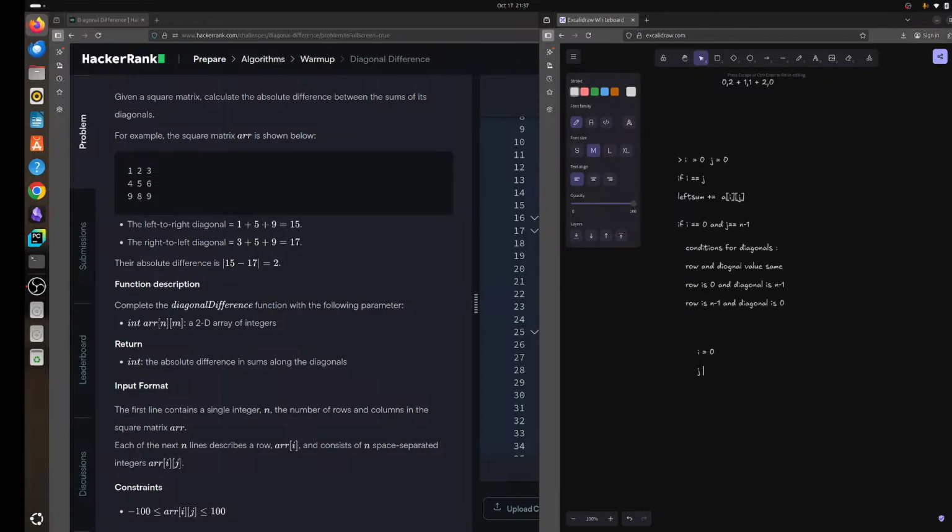We are traversing j till n minus 1, and we are picking up the values, right?